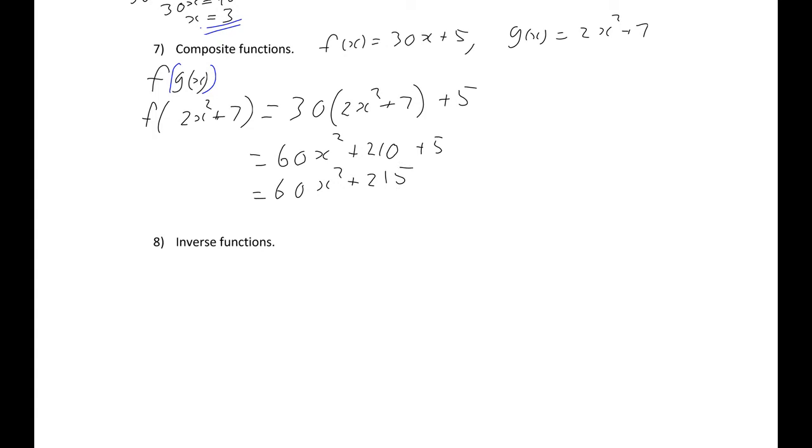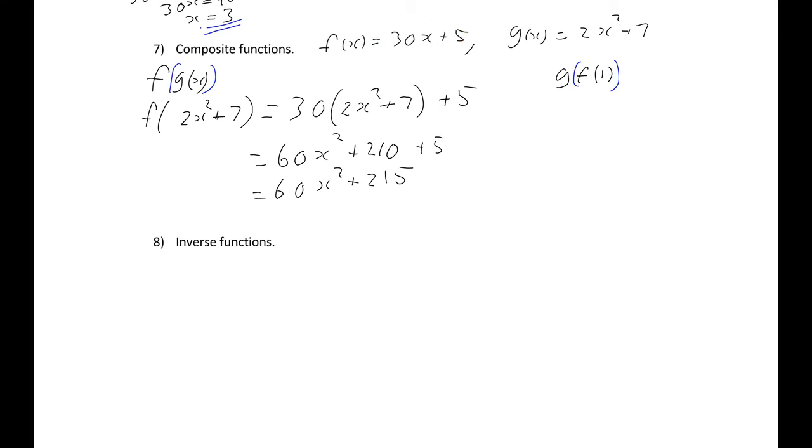Another way we might have seen this was we might have seen gf(1). Okay, again we're going to do g of, but this time the f's on the inside, and it's f of 1. So we go, what is f of 1? You plug 1 into this equation, you get 30 plus 5, so it'd be 35.